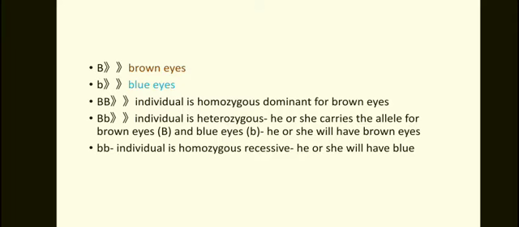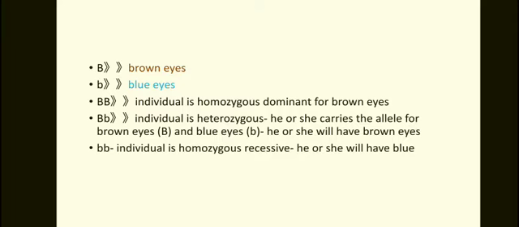And one B uppercase and another b lowercase, that individual is heterozygous. Therefore he or she carries the allele for brown eyes and blue eyes, and there is a dominant allele, in this case the brown eye allele. Therefore the individual is going to have brown eyes.